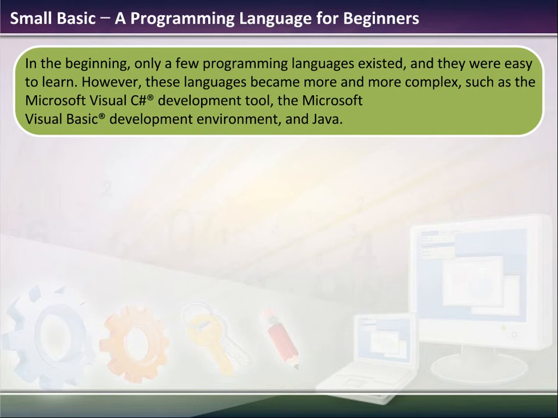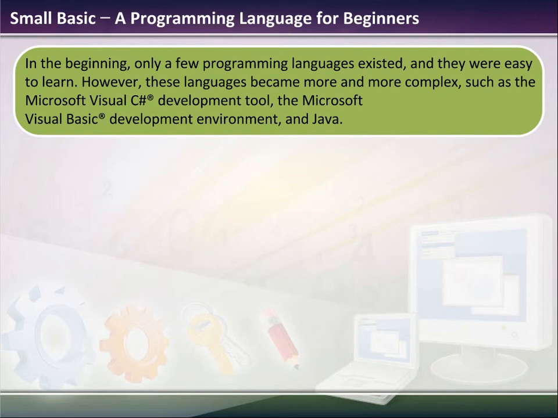In the beginning there were only a few programming languages, and they were easy to learn. However, as computers developed, the languages became more and more complex, such as Microsoft Visual C++ or C#, I'm sorry, which is a development tool, and then Microsoft Visual Basic, of which Small Basic is kind of a watered down version, and then Java, which is made by Sun Systems, a different company.